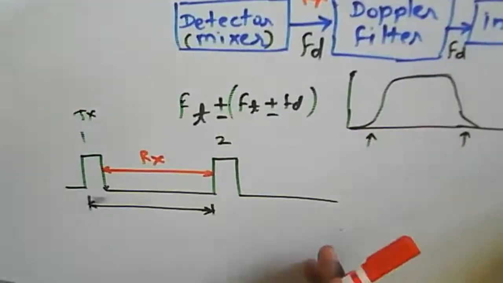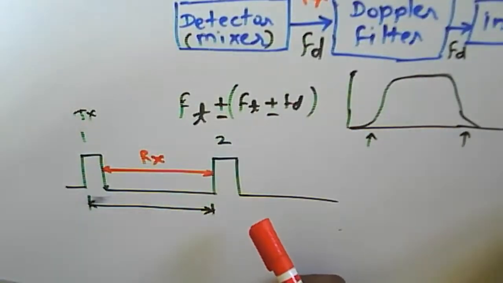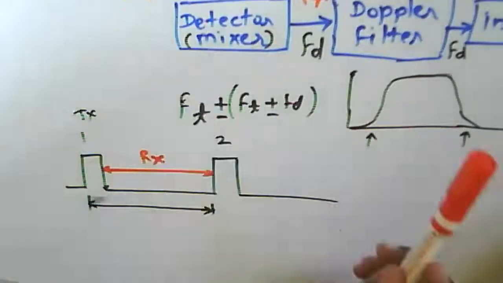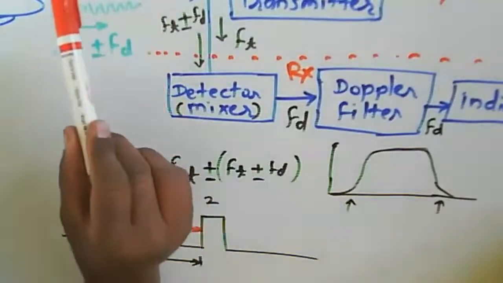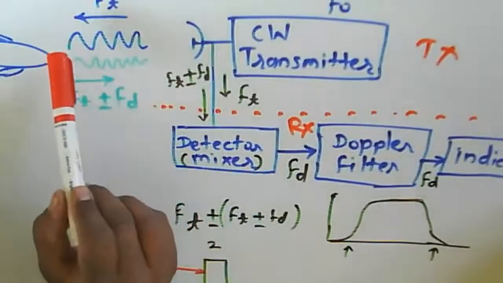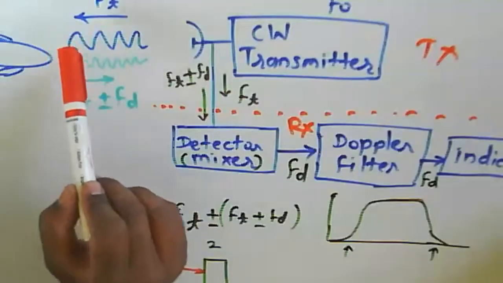So this can be the way for isolation in a CW radar. There are also other ways: instead of sending a continuous signal, we can use a variation in the amplitude or a variation in the phase.